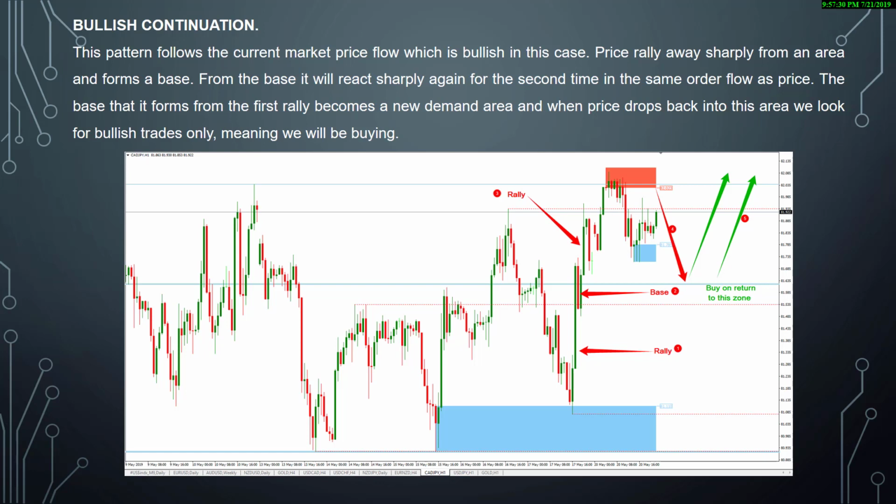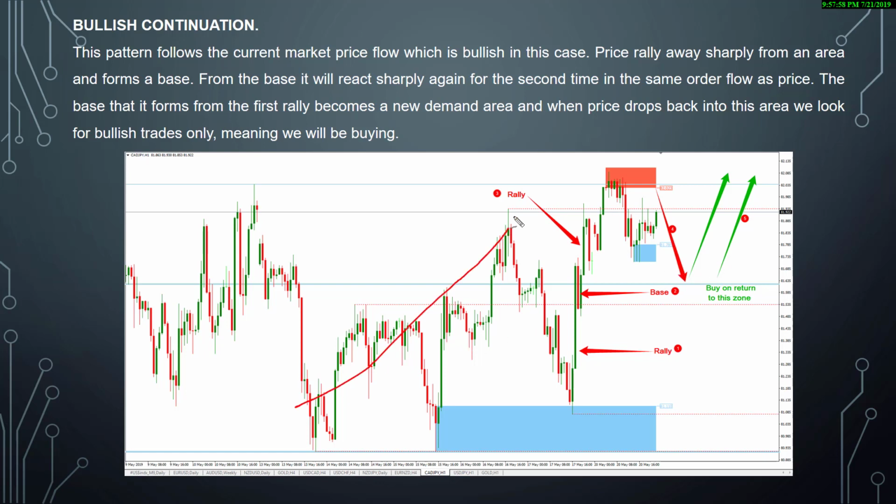The base that it forms from the first rally becomes a new demand area. And when price drops back into this area, we look for bullish trades only, meaning we will be buying the asset, right? This is a H1 time frame on CAD JPY.